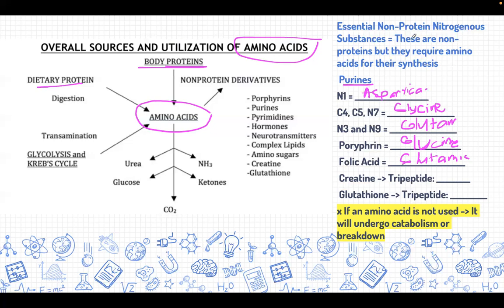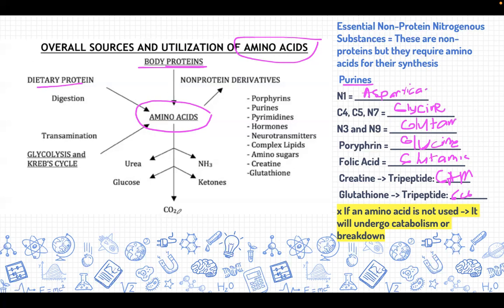Next, si creatine, tripeptide, they'll be needing GAM, G-A-M. Ano yung GAM? Glycine, arginine, methionine. Next, si glutathione, tripeptide shot. Ibig sabihin, tatlo yung kailangan niyang peptides. Si GCG. It needs glycine, cysteine, and glutamic acid for its synthesis.